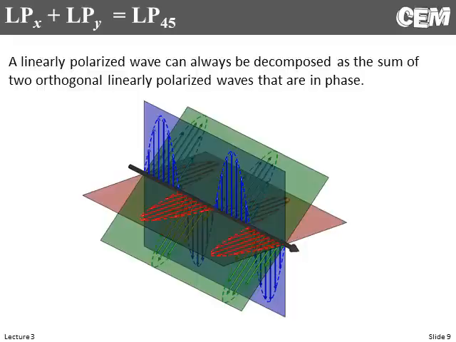But no matter what, if we add two linear polarizations, we get another linear polarization, as long as they are in phase. So this is useful because if I ask you to illuminate something with a polarization at an angle, you're only going to have access to X, Y, and Z, so you're going to have to give it a little component in X and a little component in Y, for example. So you'll need to know that.